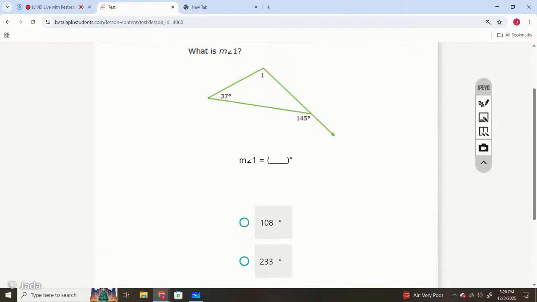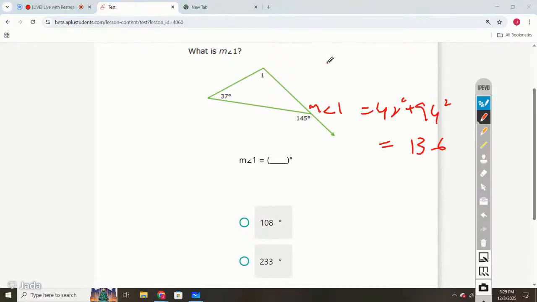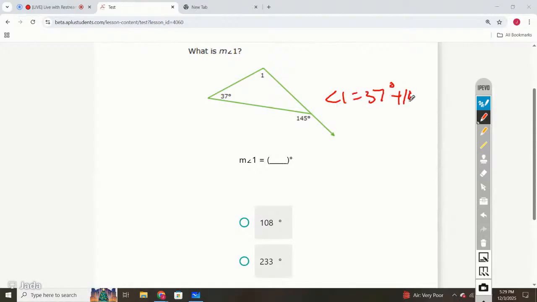Because the angle 145 is the exterior angle. So angle 1 is equal to 37 plus 145 degrees.